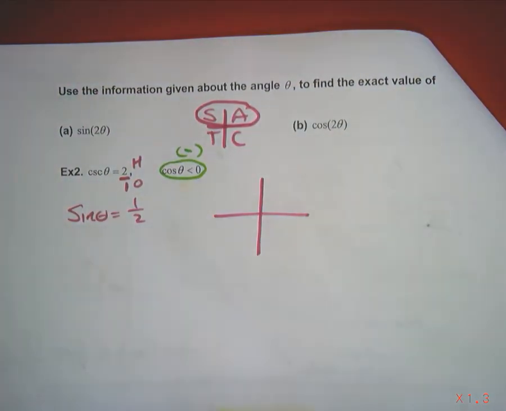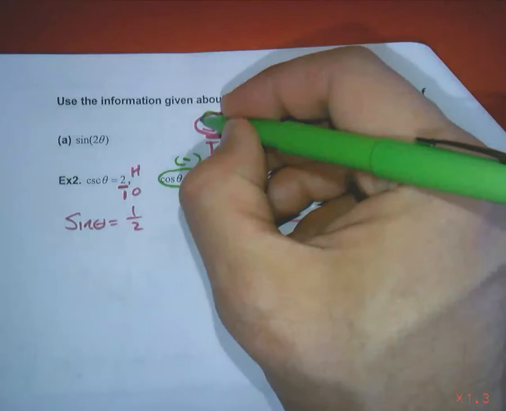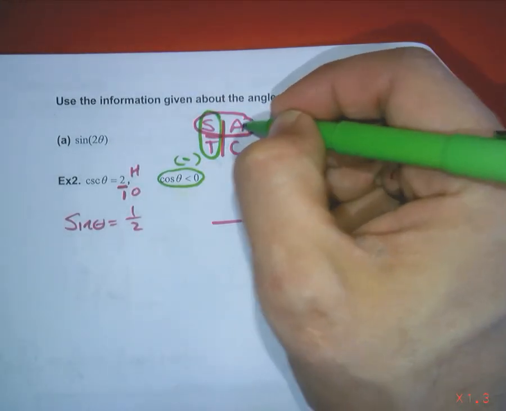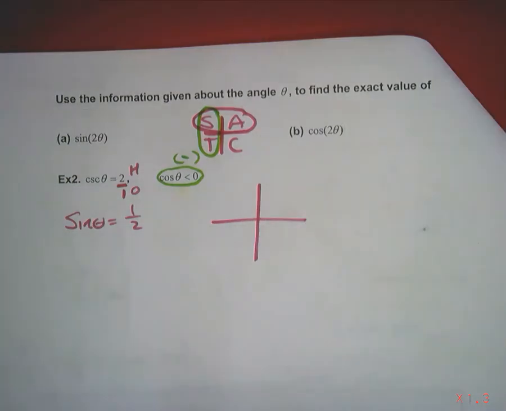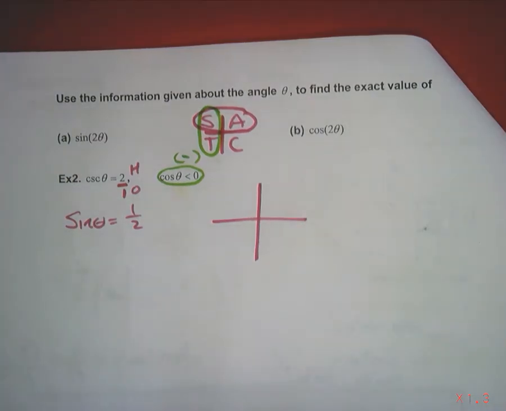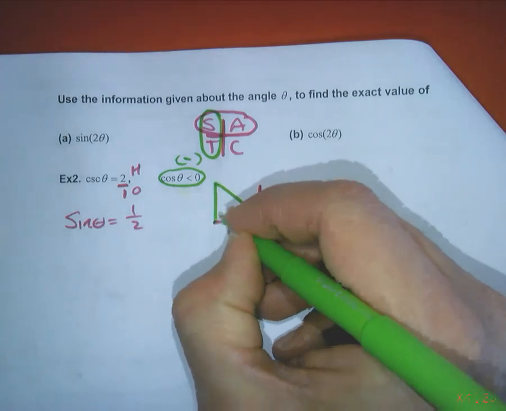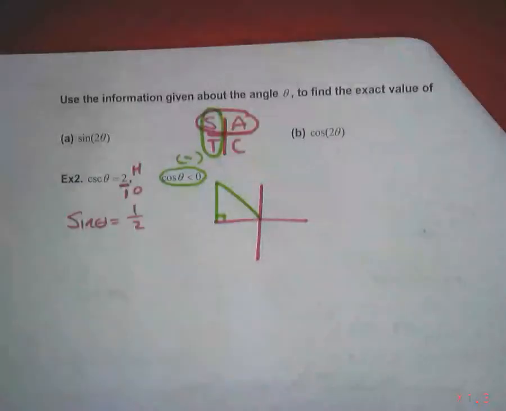Okay, so again, where is that adjacent leg negative, on the left or on the right? On the left. Okay, so cosine is positive on the right, A and C, and cosine is positive in quadrant 1 and 4. So that means it's negative in that other quadrant, quadrant 2 and 3. Well, the overlap happens right here in quadrant 3. Or excuse me, quadrant 2, not quadrant 3.